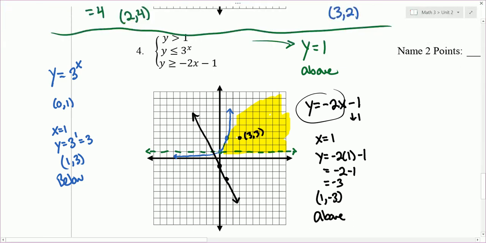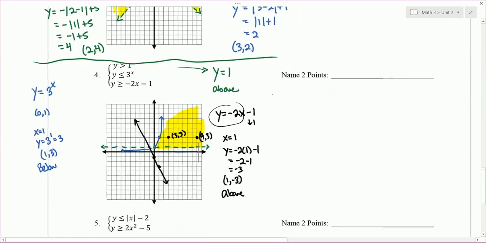And maybe this one right here at 1, 2, 3, 4, 5, 6, 7, 8, 9, and 3. And I'll put those 2 points in here. So (3, 3) and (9, 3).